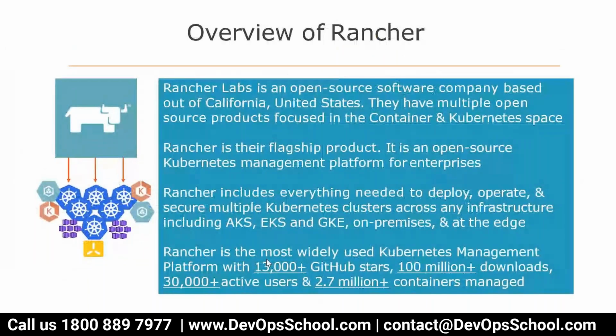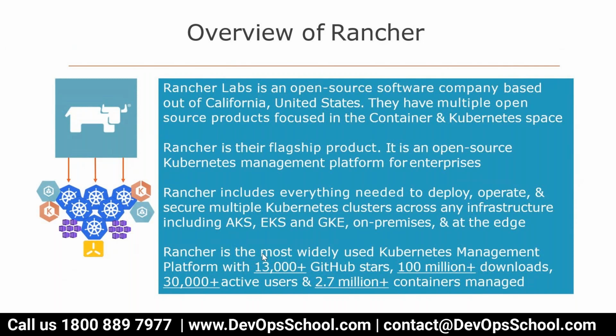Rancher Labs is an open source software company based out of California, United States. They have multiple open source products focused on containers and the Kubernetes space. Rancher is their flagship product, an open source Kubernetes management platform for enterprises.